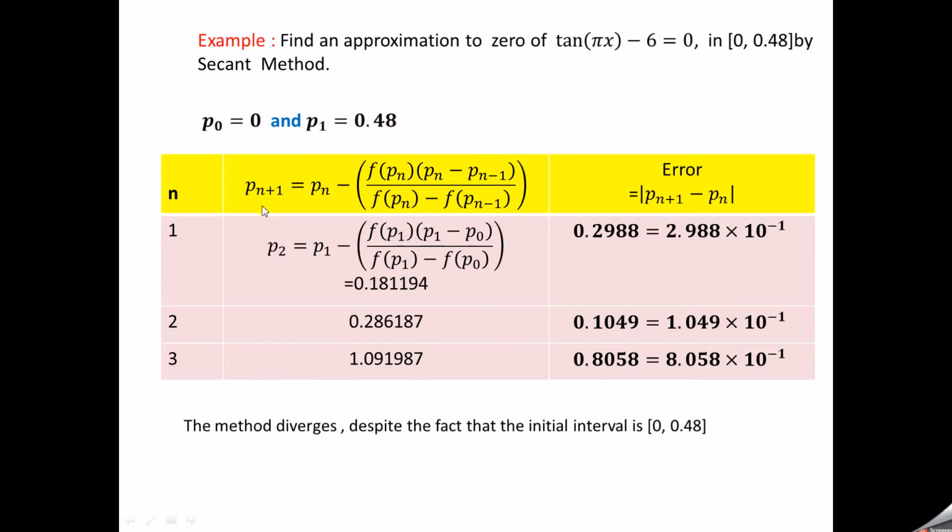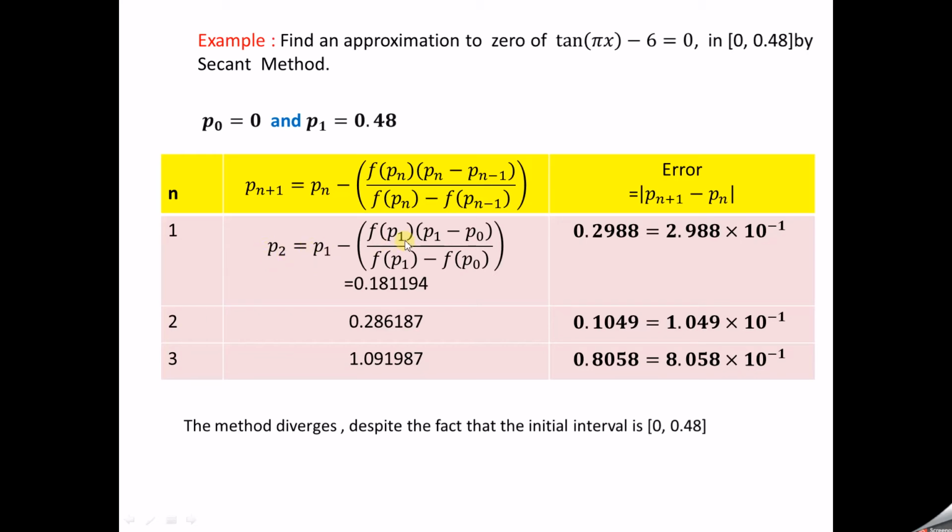Using the secant method formula, P(n+1), the next approximation, is P(n) minus f(P(n)) times (P(n) minus P(n-1)) over (f(P(n)) minus f(P(n-1))). If we use this formula, we can get P2, the next approximation of the root.